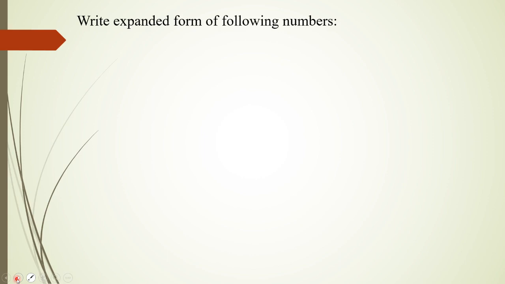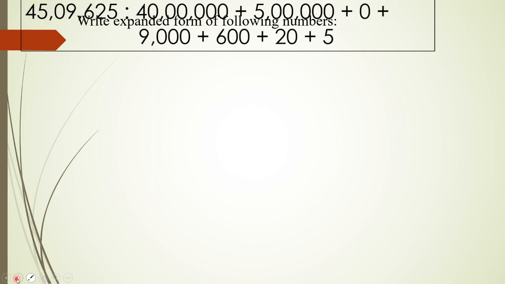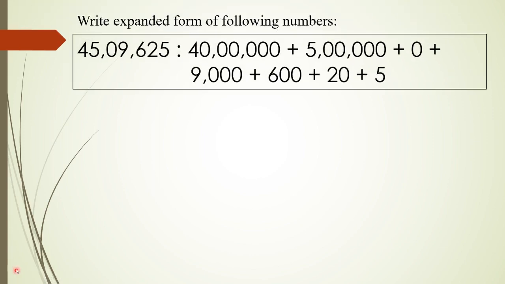Write the expanded form of the following numbers. Let's check, is it correct or not. The number is ones, tens, hundreds, thousand, 10,000, lakh, and 10 lakh. That means 45 lakh 9,625.